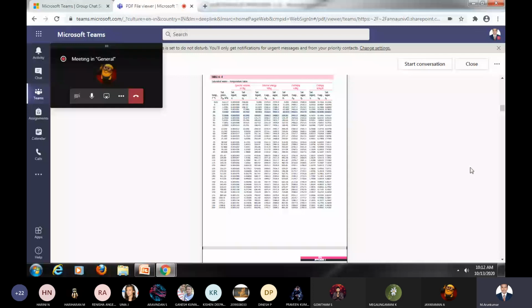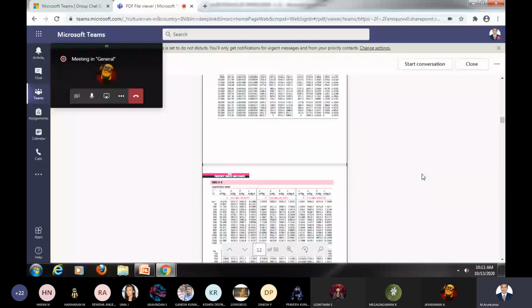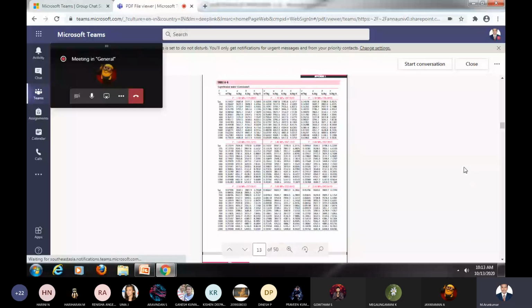Then you know what saturated water is, and what superheated water is. So this is superheated steam actually, right? We can take the properties of superheated water as superheated steam. Then we have the continuation of superheated water.